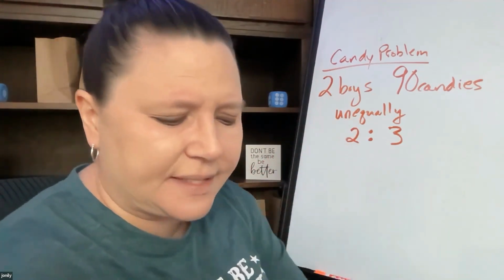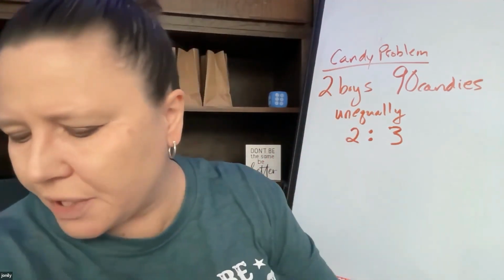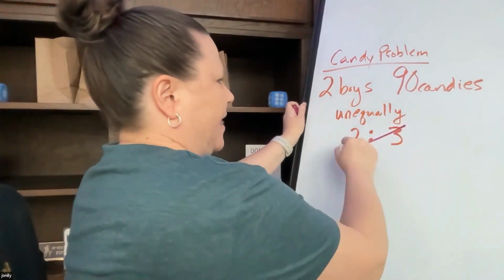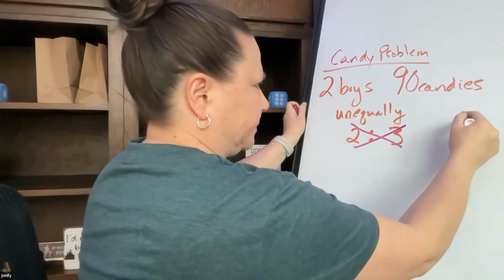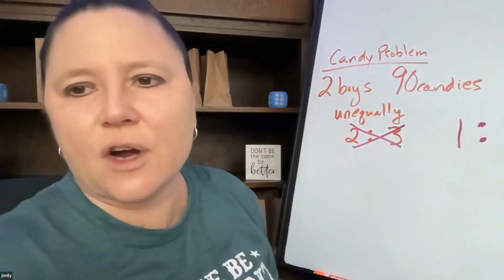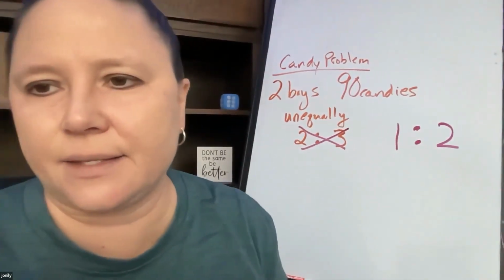And to make it a little simpler for kindergarten, I could say that the first boy gets 1 for every 2 the second boy gets.